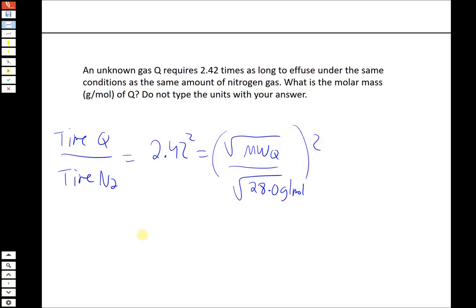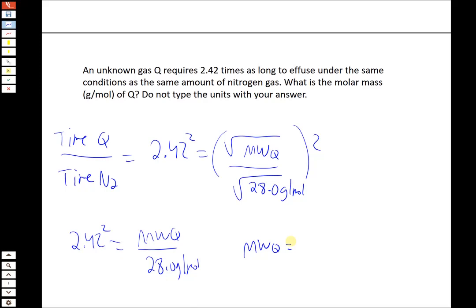And so the molar mass of Q over 28.0 grams per mole is equal to 2.42 squared, whatever that number is. And so then we just cross multiply to find the molar mass of Q, which in this case should be larger than nitrogen because if Q requires more time to effuse, that means it needs to be a heavier gas.